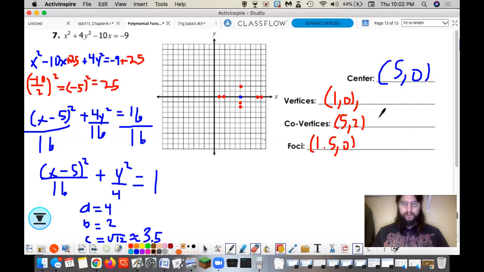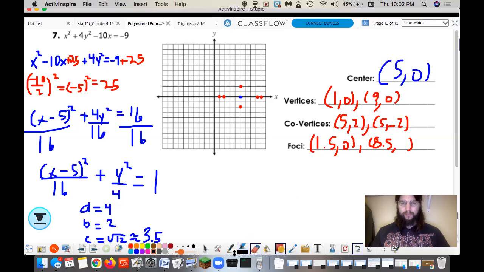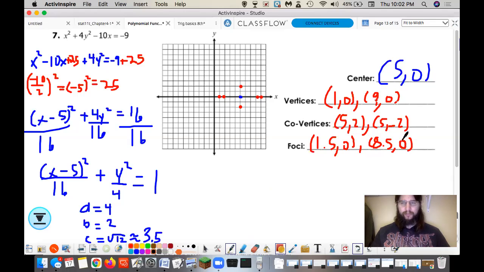That's 5, -2. 6, 7, 8.5, 2, comma, 9, 0. That should not be a 2, that should be a 0. Error, error, 0, corrected. There we go.